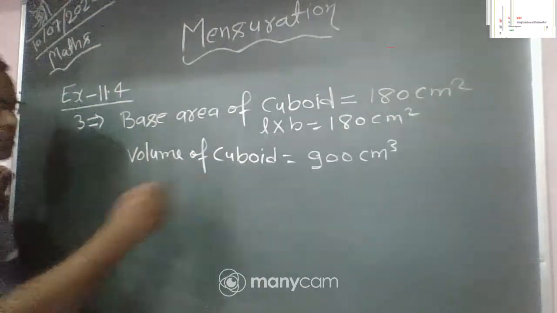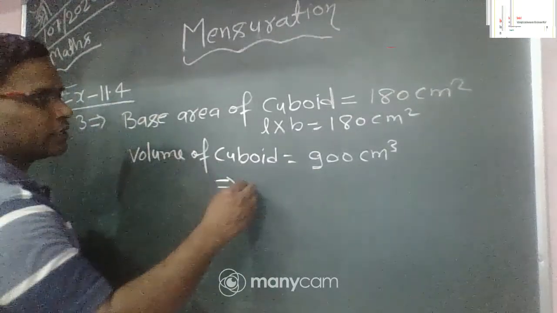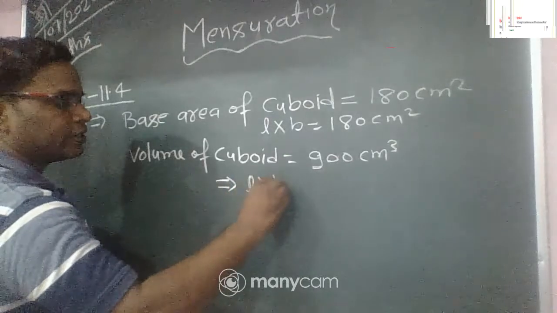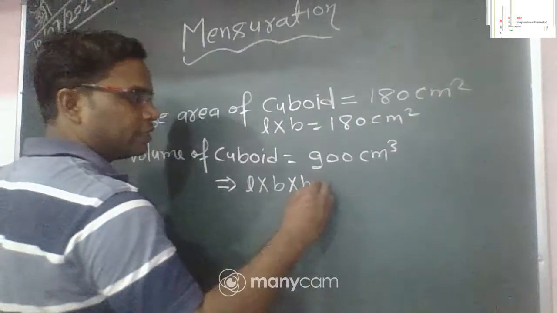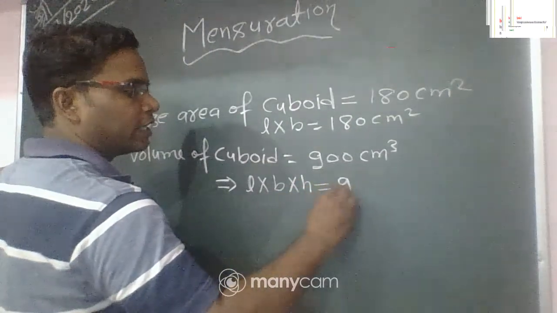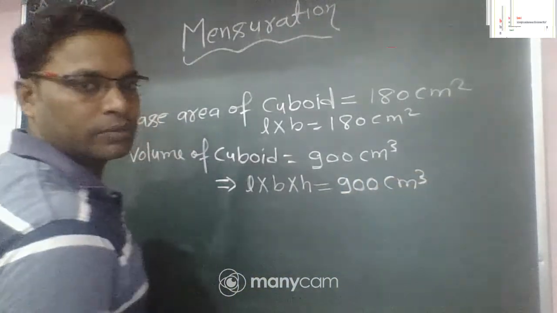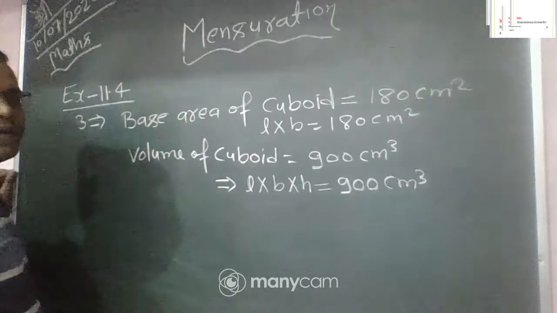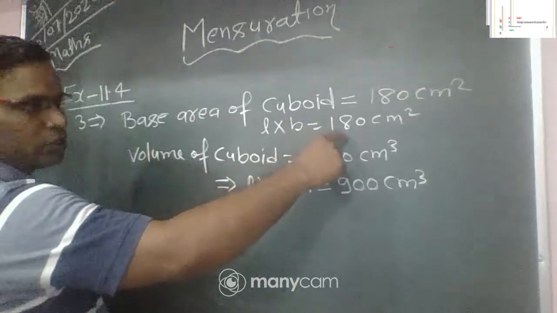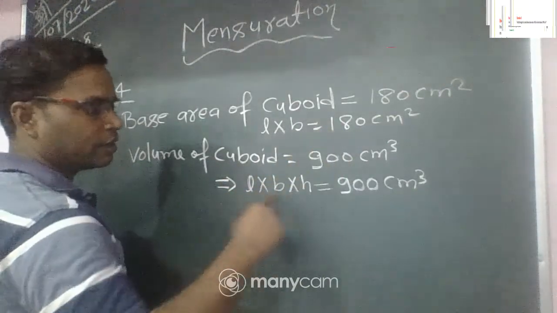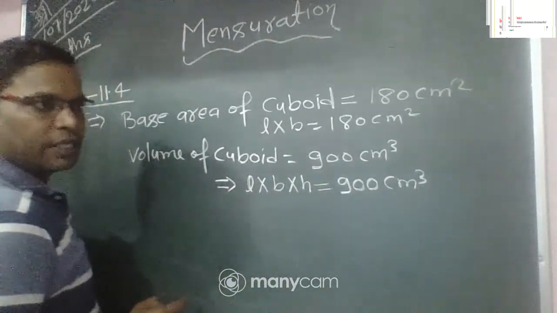Okay. So we find the height of cuboid. What is the volume of cuboid? Length into breadth into height. This is the volume of cuboid, and this is given as 900 centimeter cube. Clear? So now you find the height of cuboid. Here L into B is equal to 180 centimeter square, and L into B into H is equal to 900 centimeter cube.